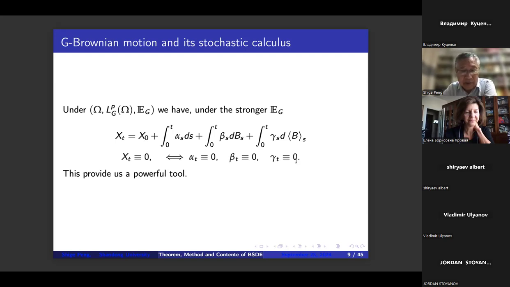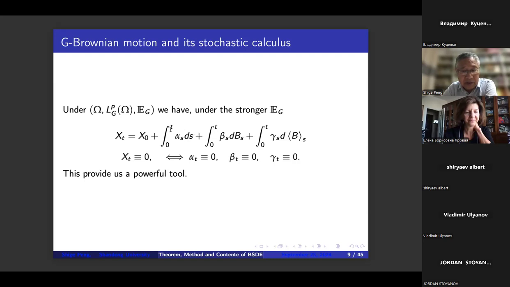So this provides a very powerful tool for us to see in more detail the risk hidden behind this type of process.